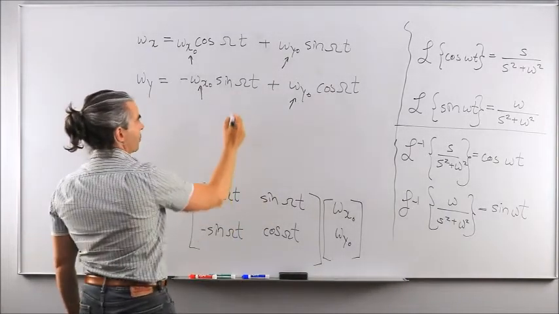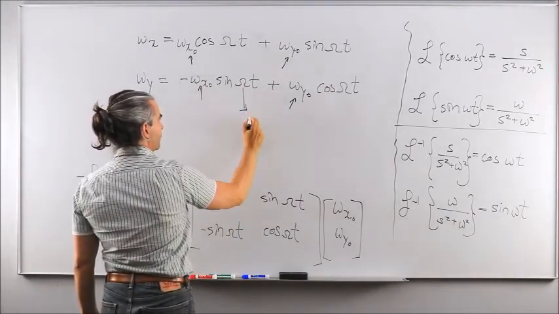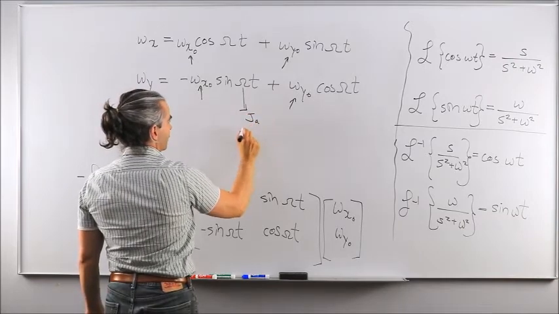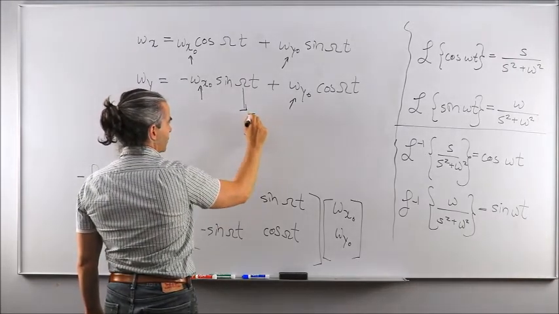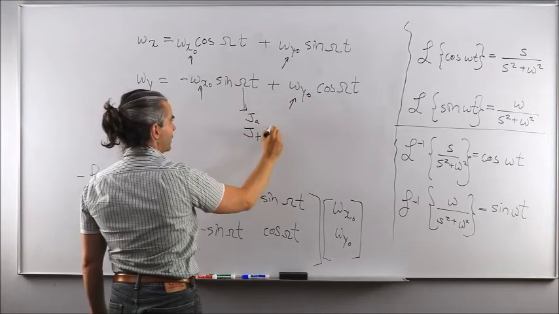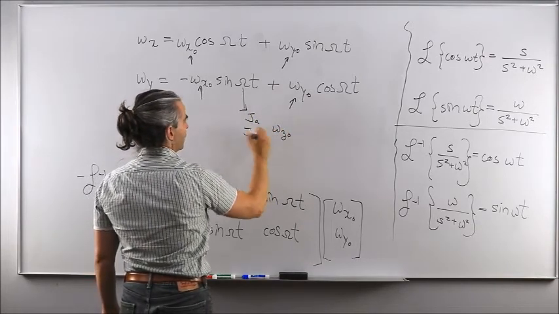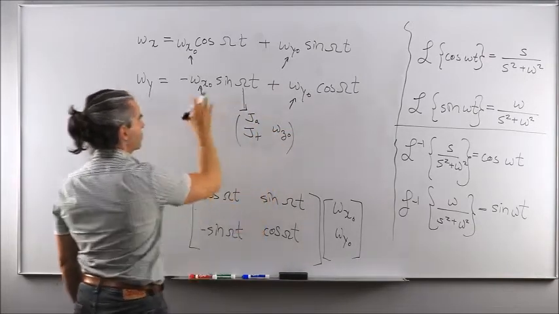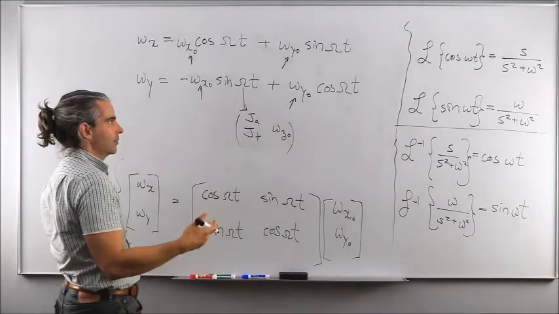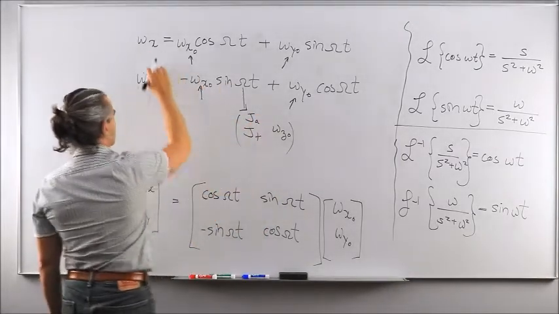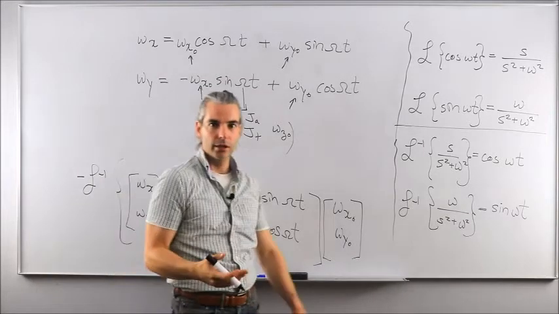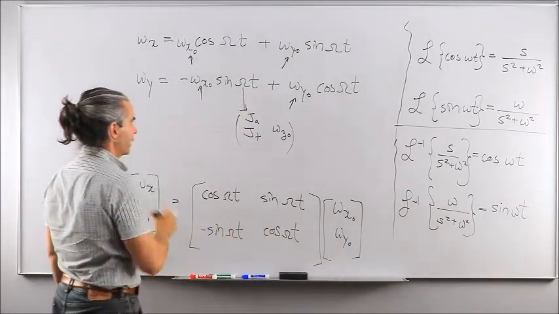And that depends on the relative spin rate, which is itself a function of the actual principal moment of inertia, the transverse one, and omega z naught, if you remember from before. So based on all those quantities, which you know at t equals 0, you can then calculate omega x, omega y at any point in time. And that could be the end of the day, and that would be done.